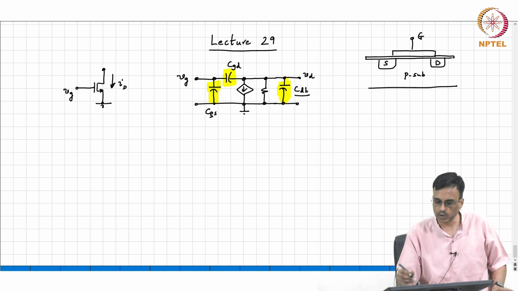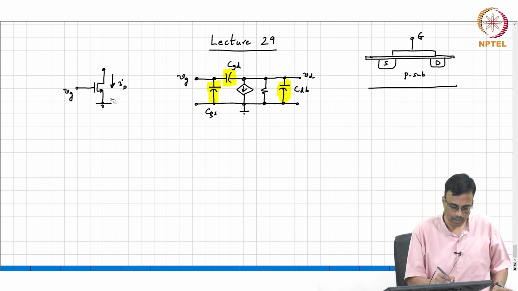If the source is grounded, then the bulk and the source are shorted, and therefore the capacitance effectively goes from drain to source. But strictly speaking, the parasitic capacitance is between the drain and the bulk.